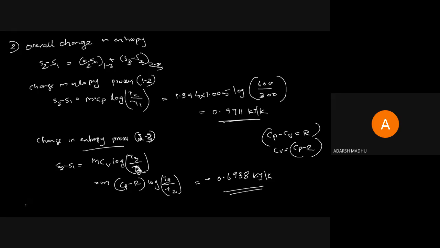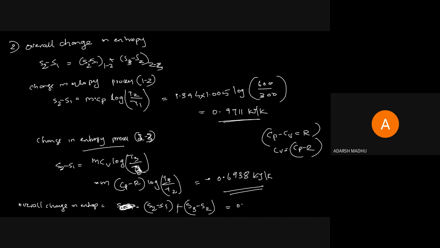So the total change in entropy. The overall change in entropy equals S2 minus S1 plus S3 minus S2, both.